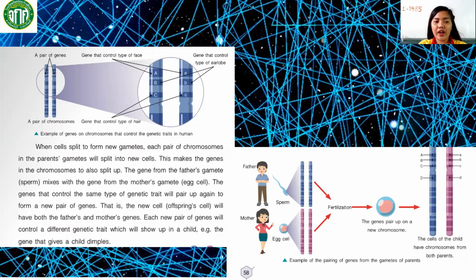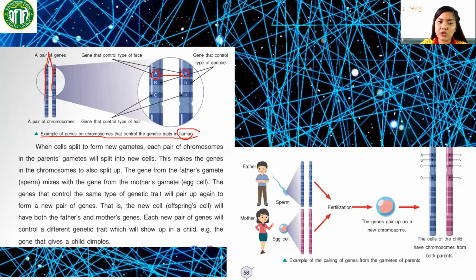All right. So we have here an example of genes on chromosomes that control the genetic traits in humans. This is the pair of genes. So we have 1 and 2. The gene that controls the type of face will be gene A. Okay, this one and this one.